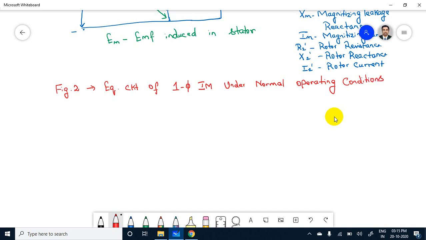Normal operating conditions means it is running conditions. Okay, it is running conditions.